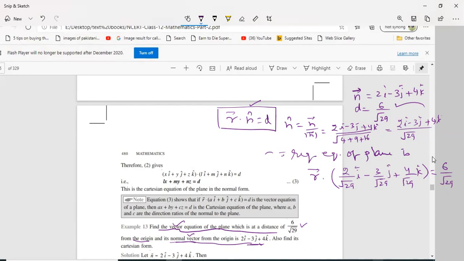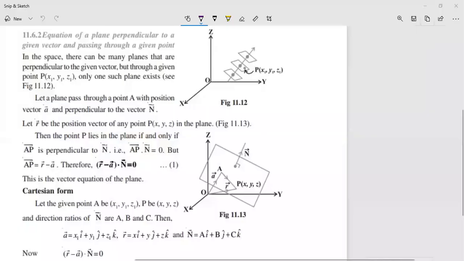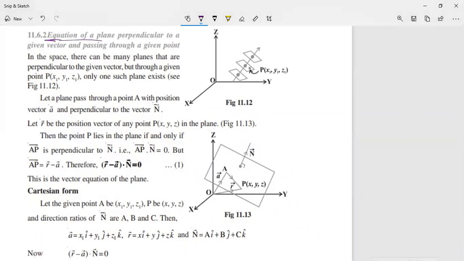Now we are going to do the equation of a plane perpendicular to a given vector and passing through a given point. Yes, the second condition. Just try to understand the difference. Equation of a plane perpendicular to a given vector.